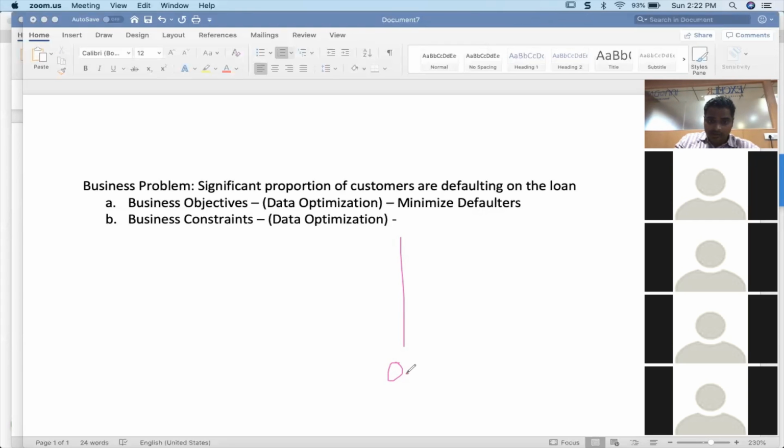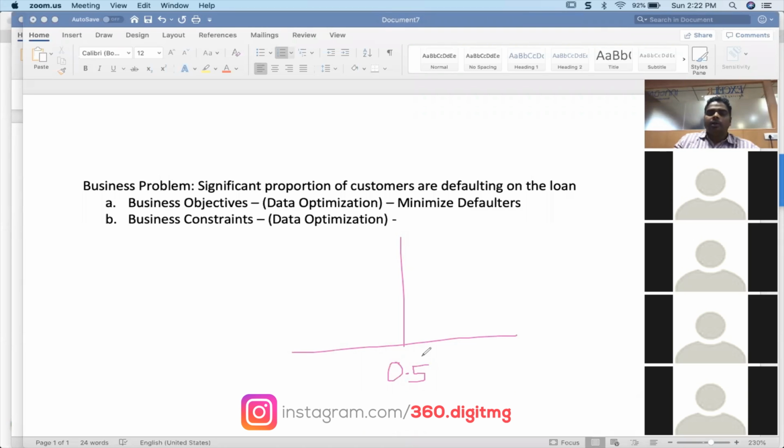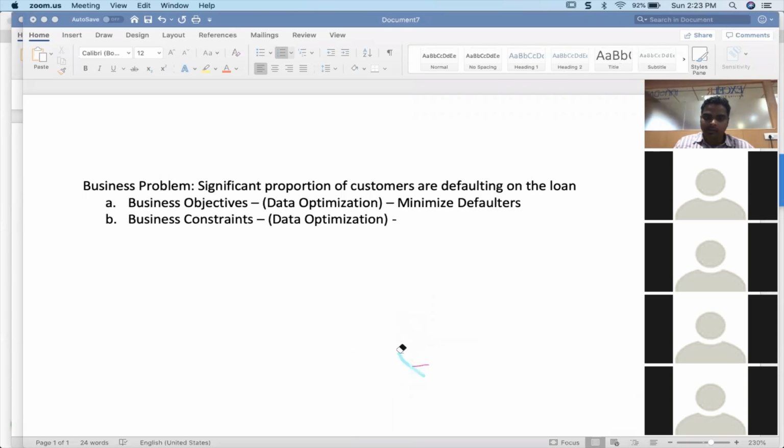So let me write this 0.5. We'll get there, because this is a point that you choose based on whether you're a risk taking kind of person or a risk averse kind of person. I think we are jumping the gun, so let's refrain from this now. Please raise this point when we discuss logistic regression. I would love to answer it. It's a very valid thing.